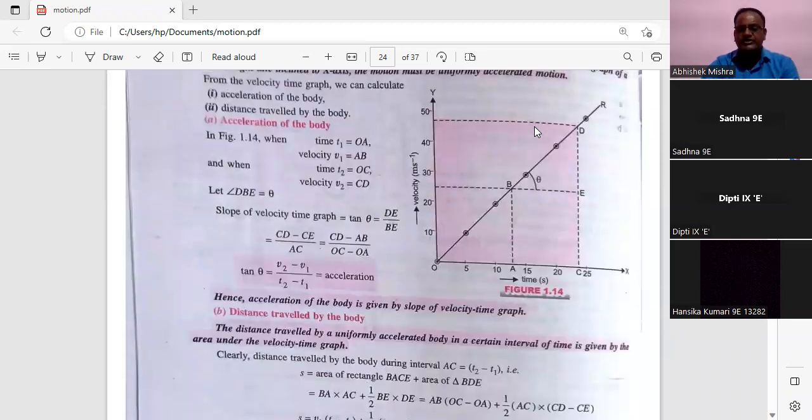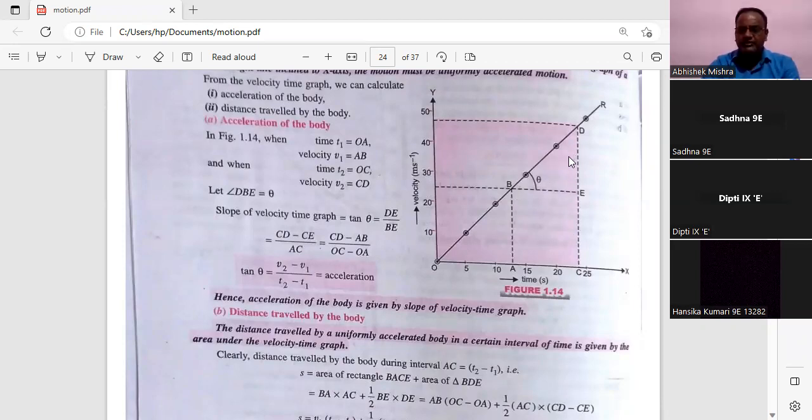The total distance will be the area of the rectangle BACE. What will be the area of the rectangle? Length into breadth, AB into AC. And the total distance traveled will be the area of the rectangle BACE plus the area of the triangle BDE.